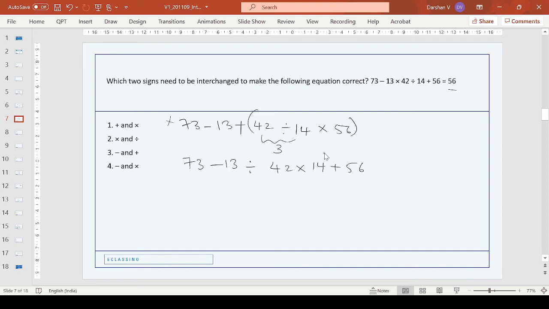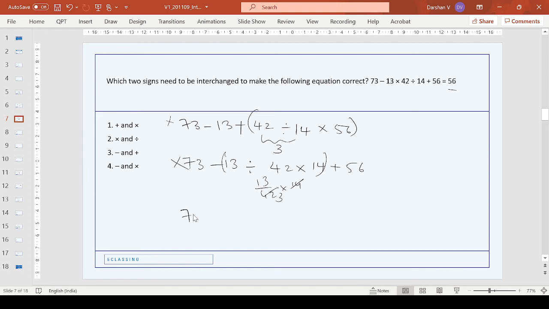If we just take this part, 13 by 42 into 14, it is 13 by 3. So this entire part will become a fraction which will not match up to 56, and anyway it's greater than 56, because this will be positive. So this is also not the answer.